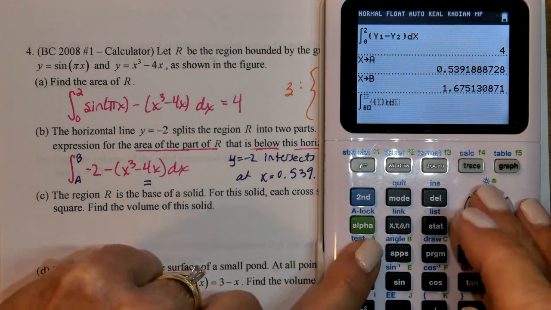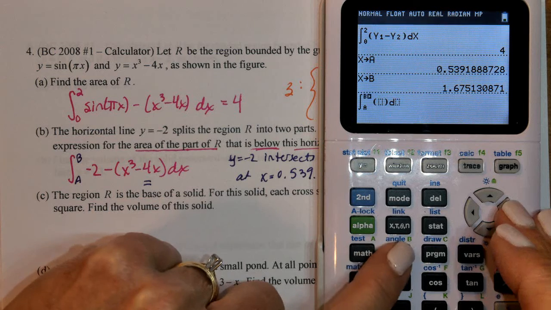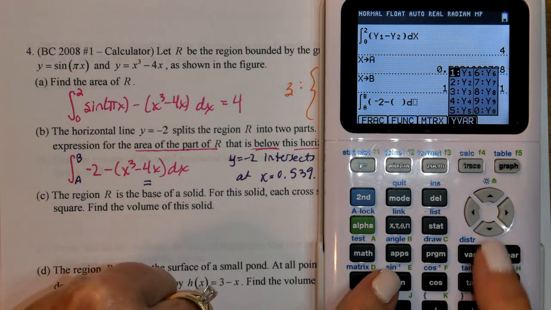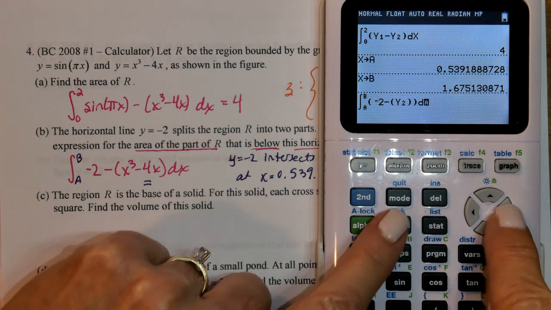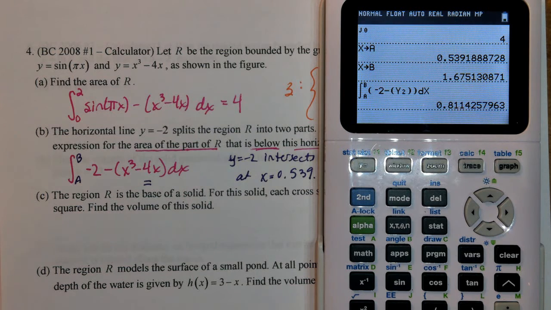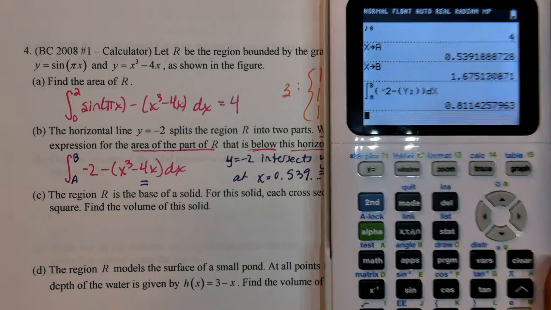Math 9, A to B of -2 minus, and this was our y2, right? And we get 0.9 point, okay, that's not right. What did I do wrong here, guys?